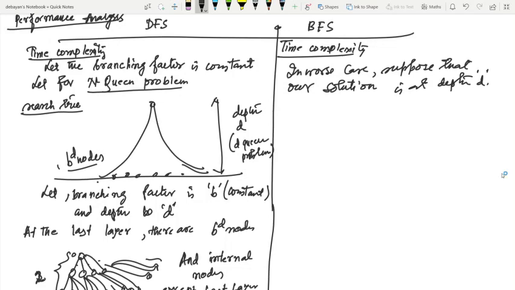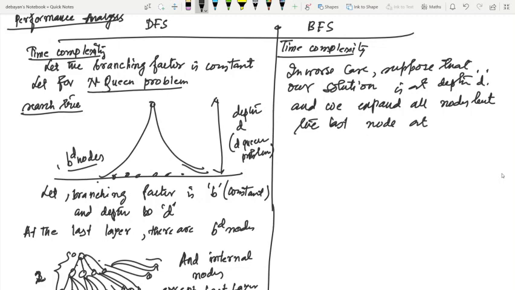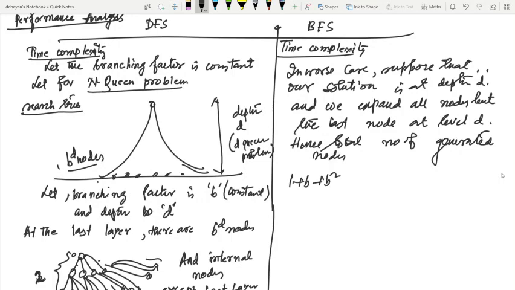We expand all nodes except the last node at level d. So the total number of generated nodes is 1 plus b plus b square and so on.